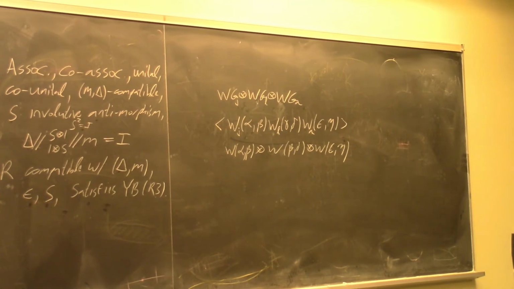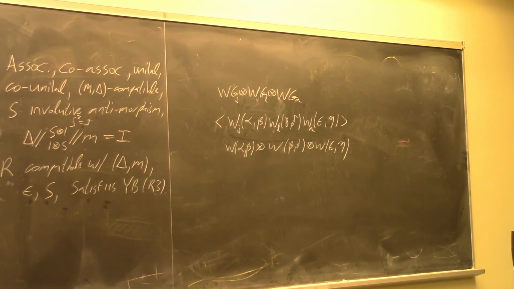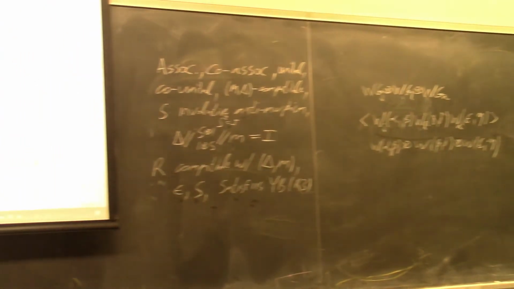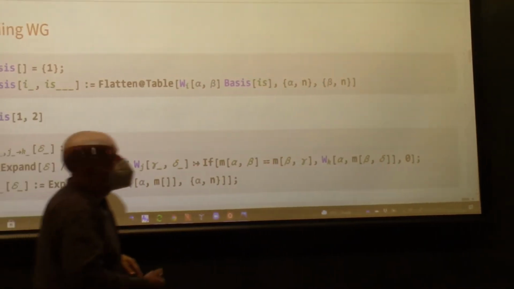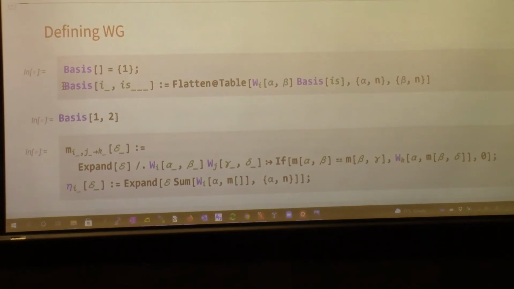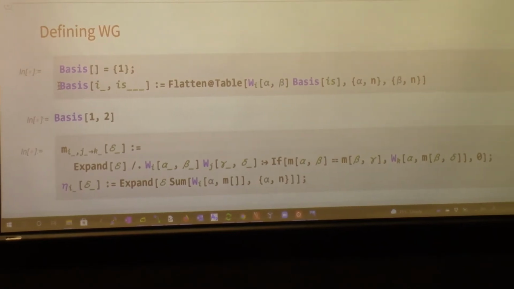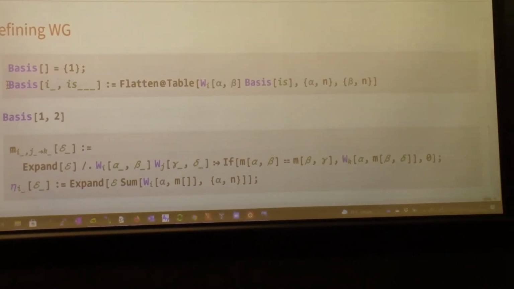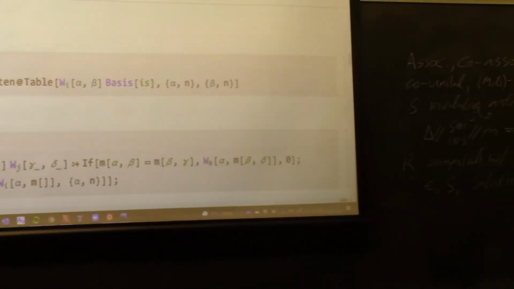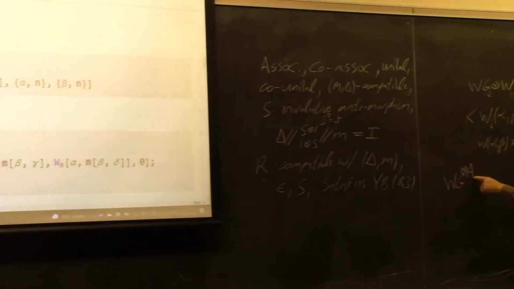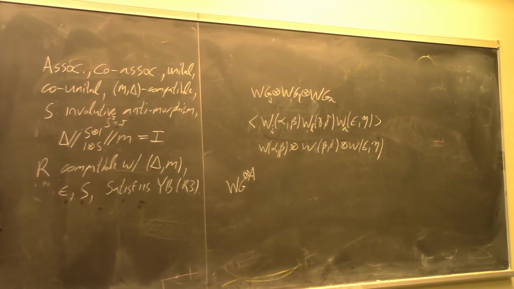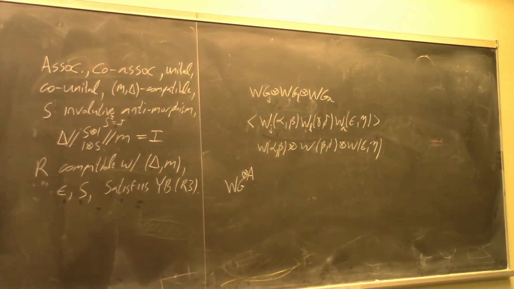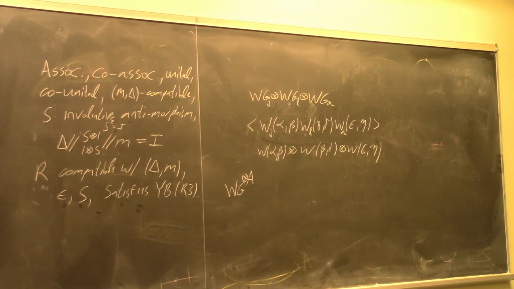So now I want to produce the basis of arbitrary tensor powers. If you give me any set A, I want to produce the basis of WG to the power A. If the set A is the empty set, there is only one element in the basis, and it's 1.